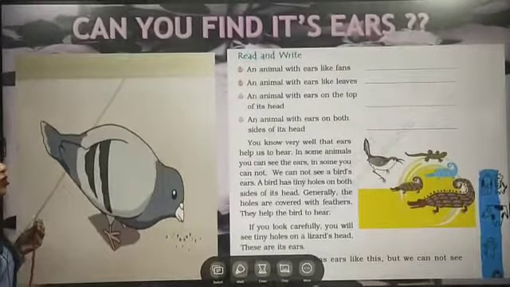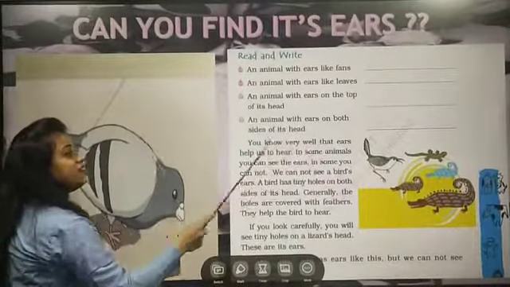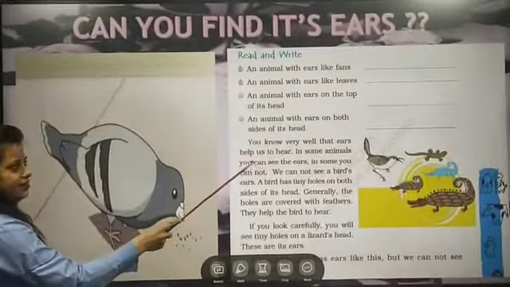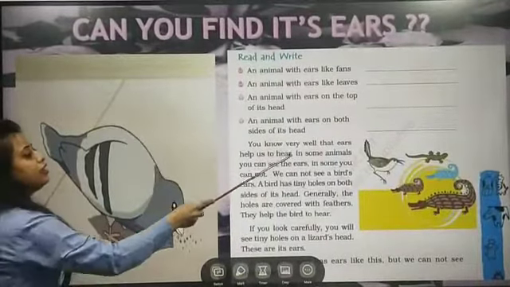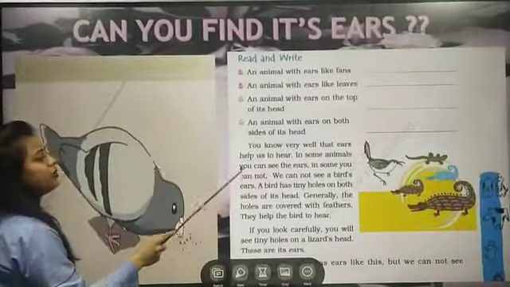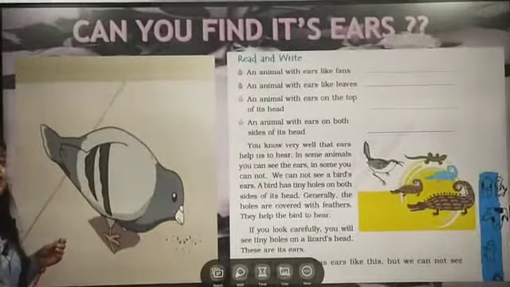So let's move on. You know very well that ears help us to hear. Yes, without ears we cannot hear. In some animals you can see the ears, in some you cannot. Have you observed that?